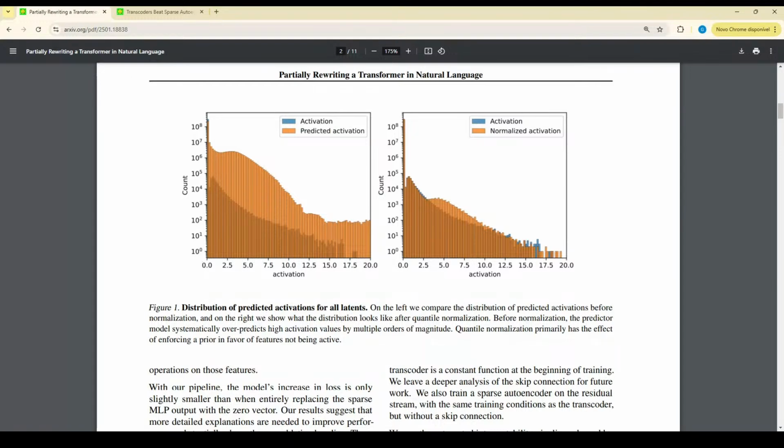While the distribution that we use to normalize it is over 10 million tokens collected everywhere from the distribution. And so it's a much larger distribution.